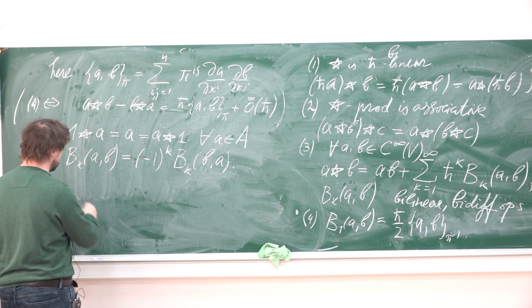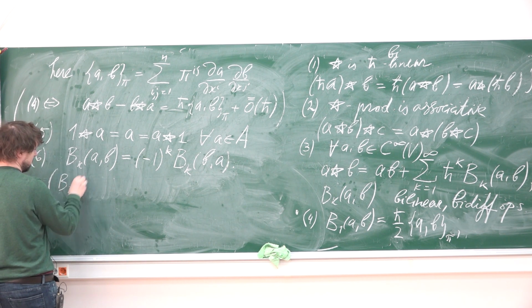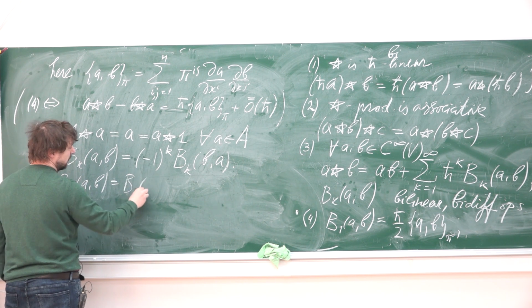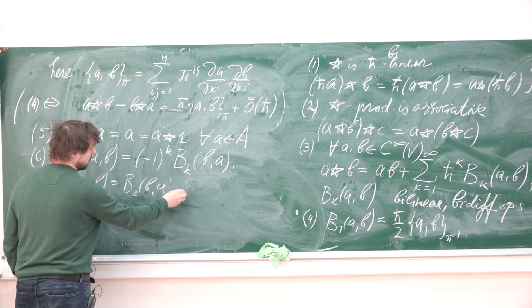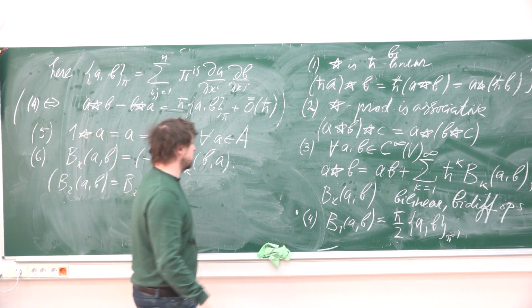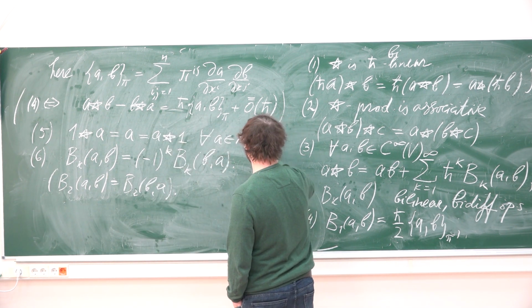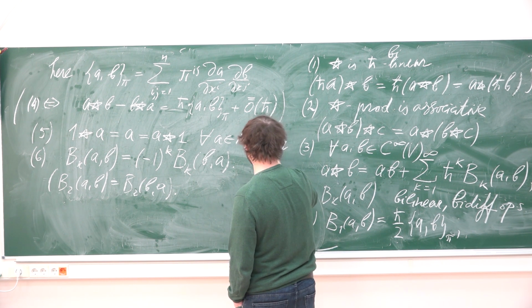For instance, it means that B2(A, B) is equal to B2(B, A), right? So these two conditions are sometimes omitted. These two conditions can be omitted in some textbooks and some definitions.